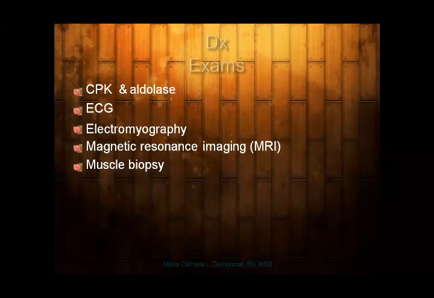So apart from the skin manifestation, the investigations are the same as seen in polymyositis. You will go for CPK level, ECG for conduction defects, electromyography, MRI, and muscle biopsy.